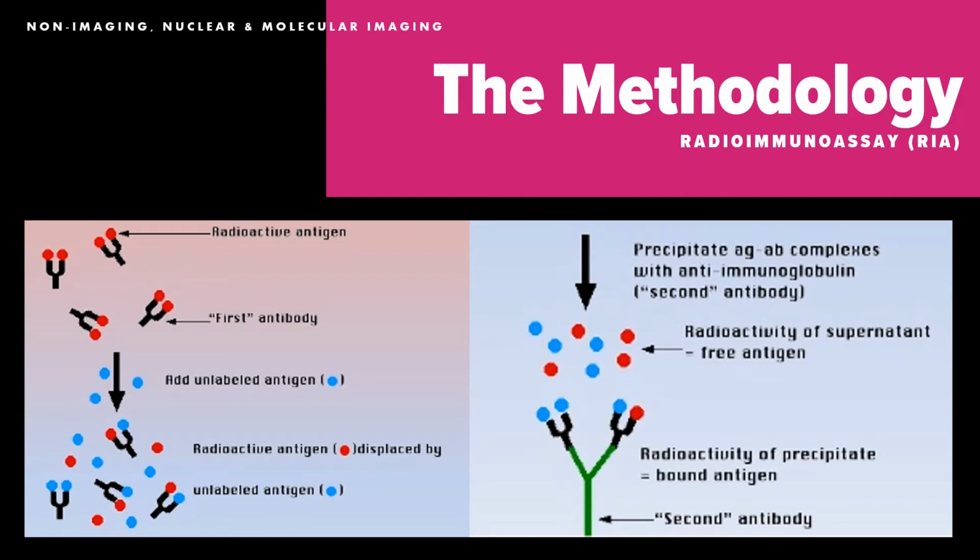So the more unlabeled antigen you have in your sample, the more they will compete, and you will see they will replace the labeled radioactive antigen on the antibody. So you have this blue color, the unlabeled antigen, competing with them. Then you have the free unlabeled antigen and also the free radiolabeled antigen.